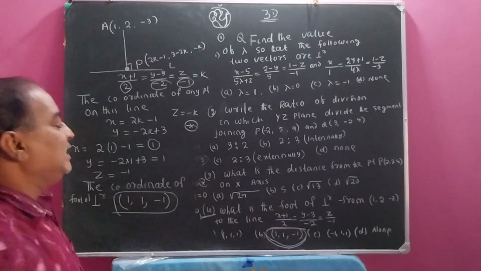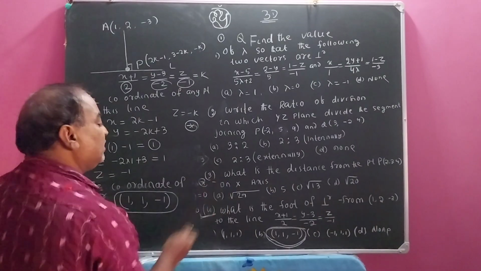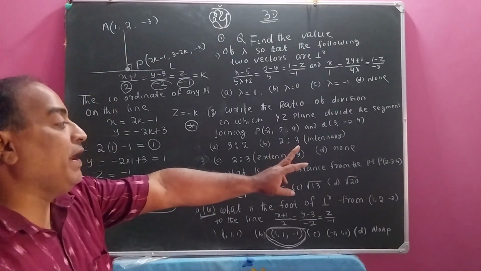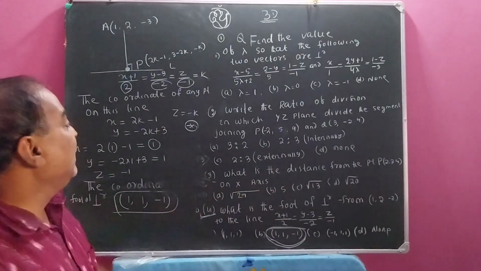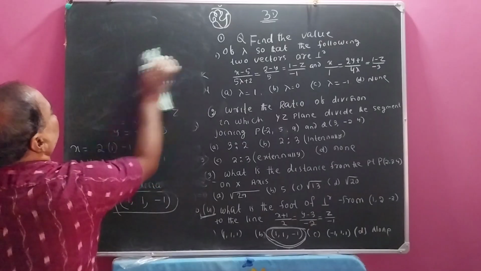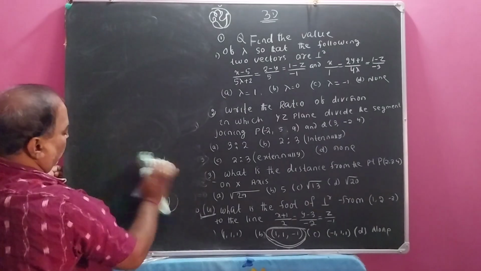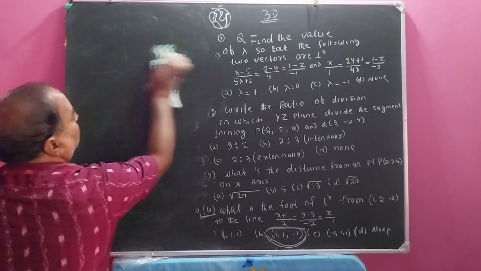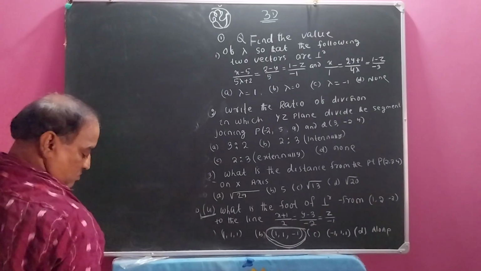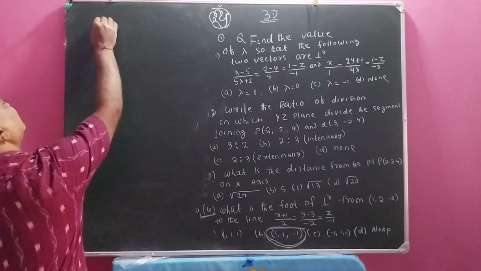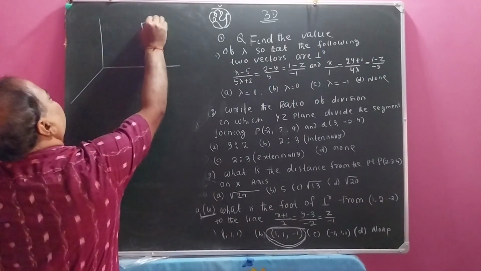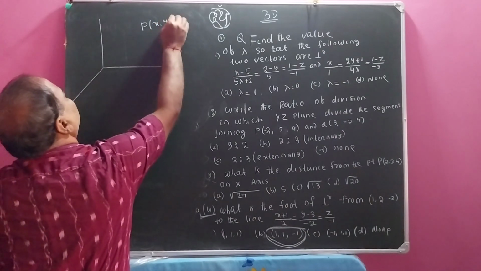Now we have to discuss question number 3. Question number 3 asks what is the distance from the point P(2, 3, 4) on the x-axis. Suppose it is a coordinate axis, P is any point (x, y, z).